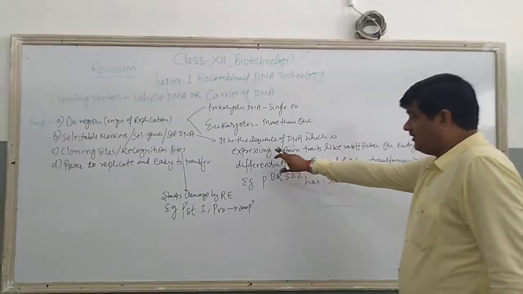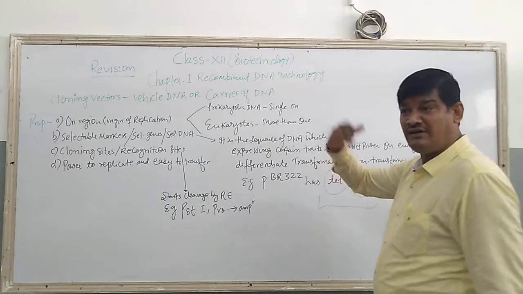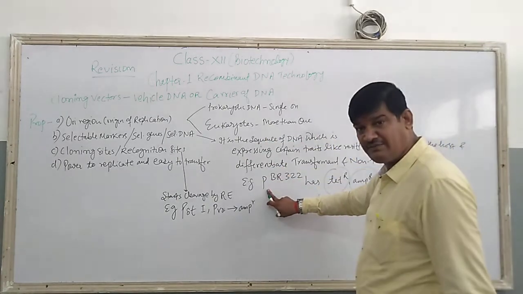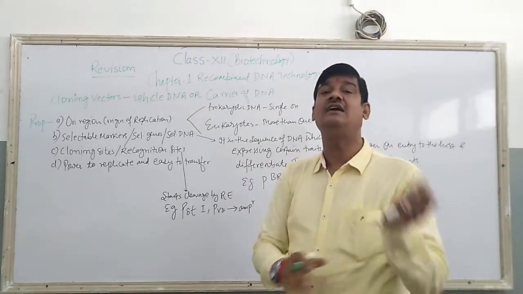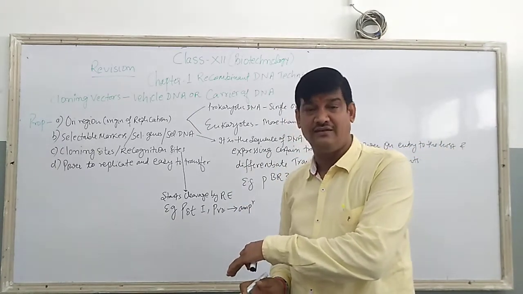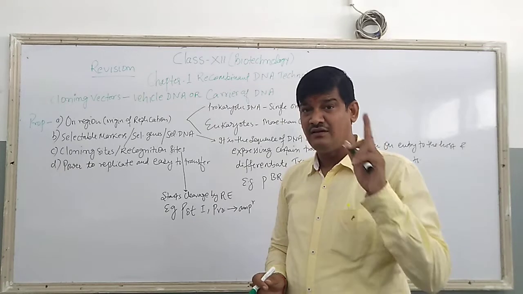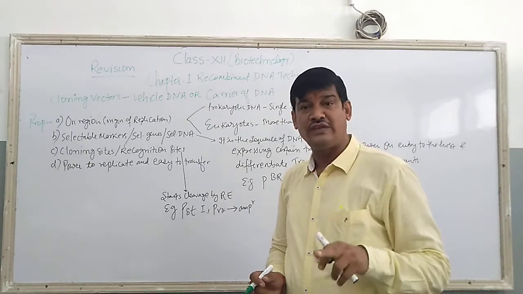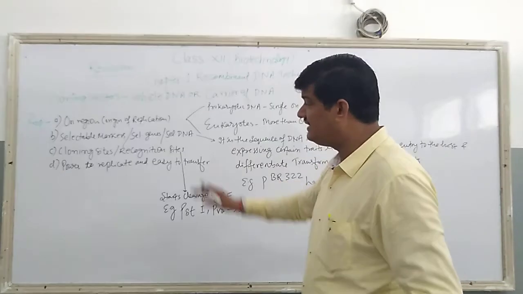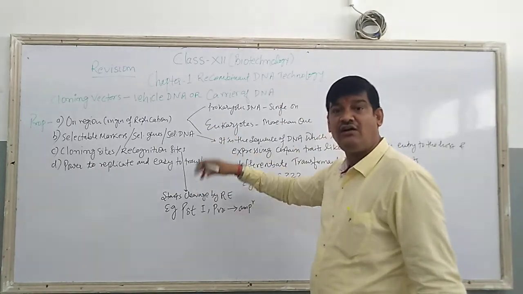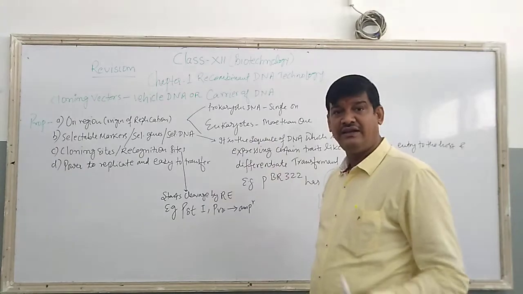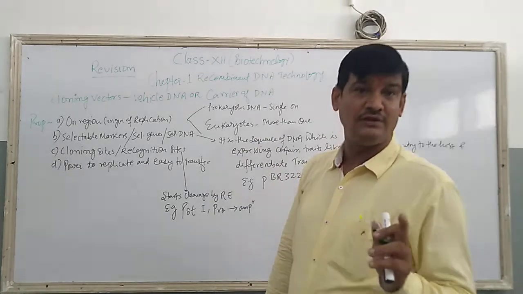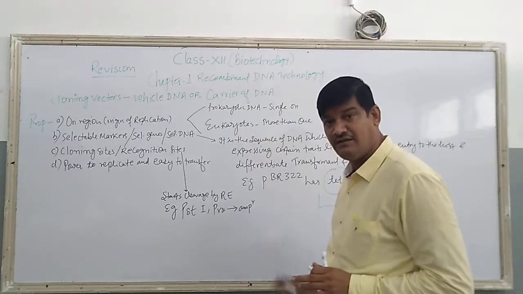Upon entry of this selectable marker, they distinguish between the transformant and non-transformant host cell. Transformant means those host cells which have the selectable marker gene or the DNA itself, and non-transformant means they do not have it. It means they do not show the properties of the selectable marker.